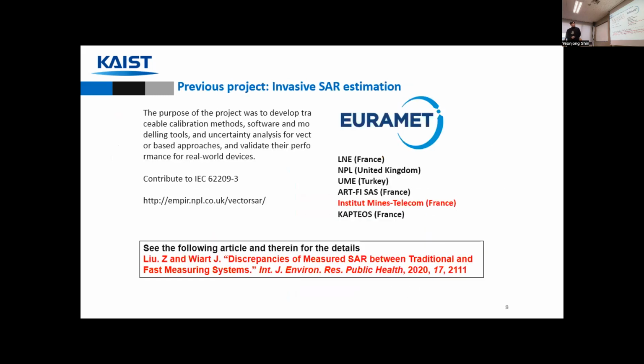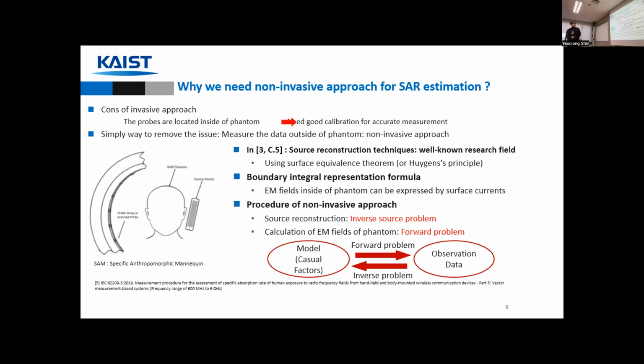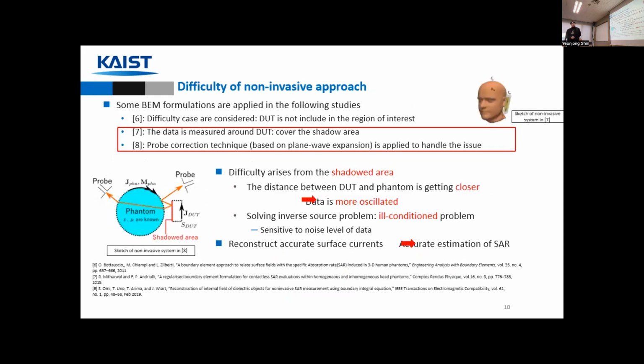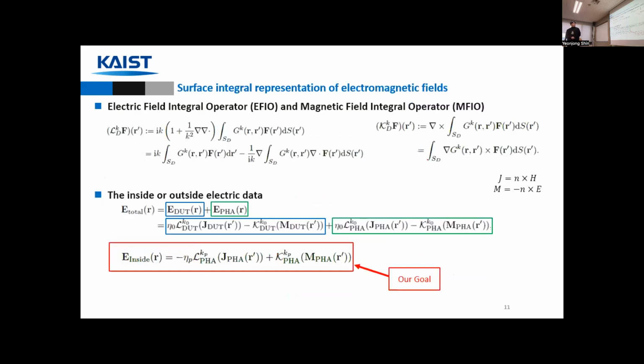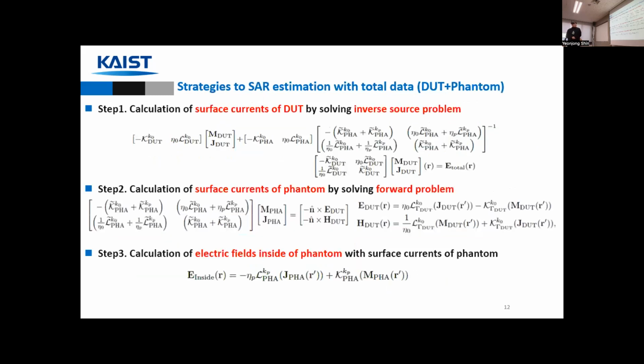The invasive approach is done by these works, and I try to solve this problem by an inverse scattering approach. From this expansion, the single layer or layer potential expansion, and by using this complex system, we solve the inverse source problem, because the SAR problem is exactly the same as the reconstruction of the solution of the Maxwell equation inside the object from the exterior data.